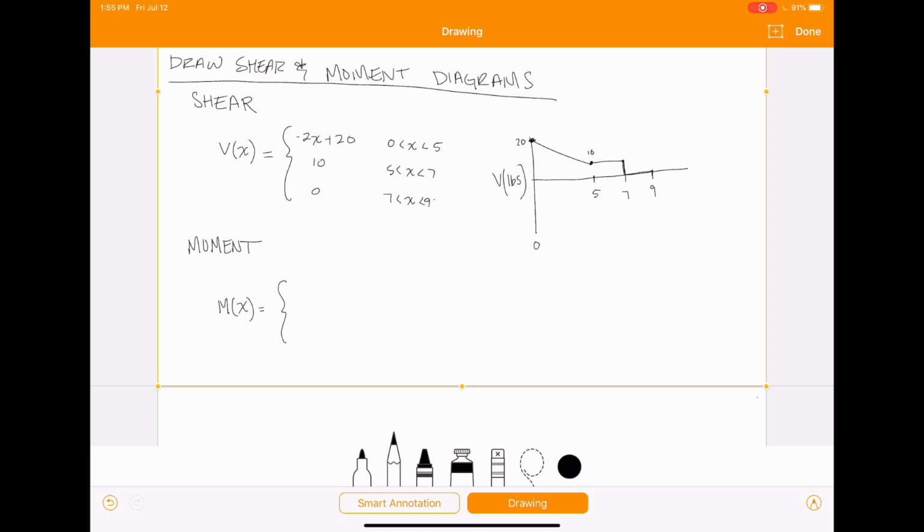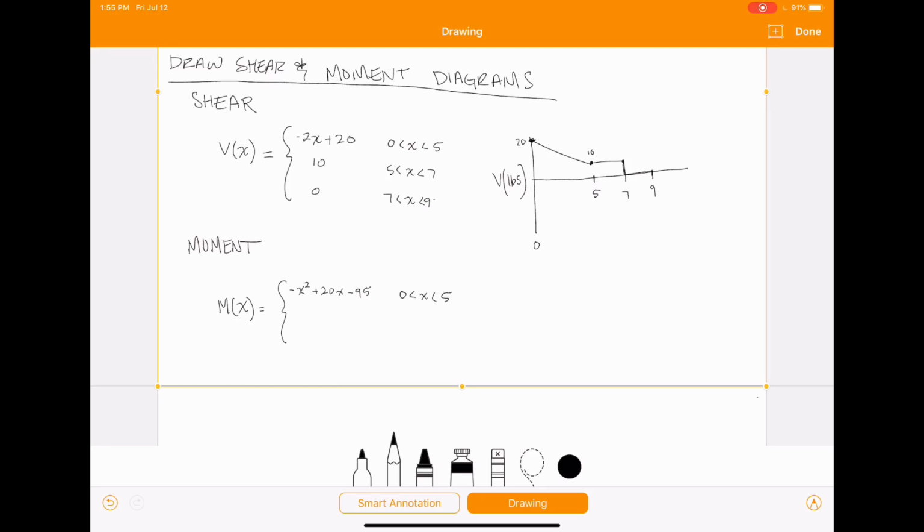So we're going to have negative x squared plus 20x minus 95 between 0 and 5.